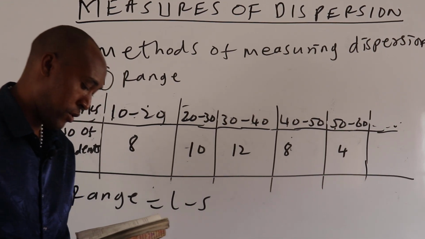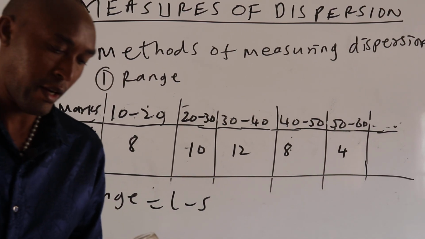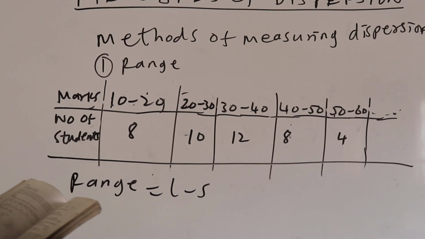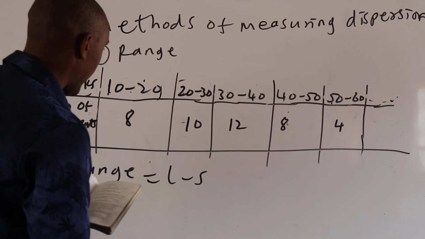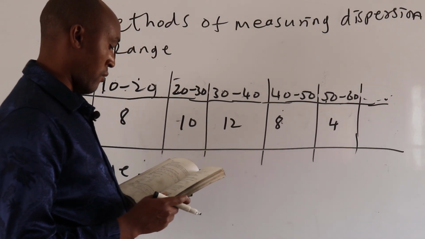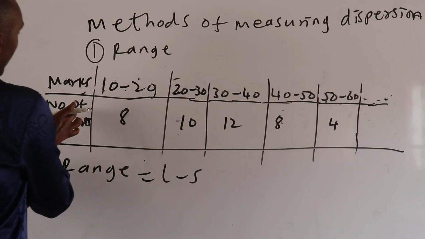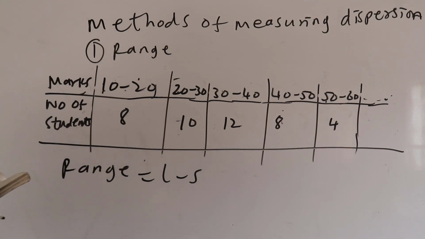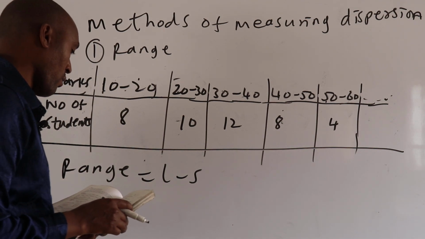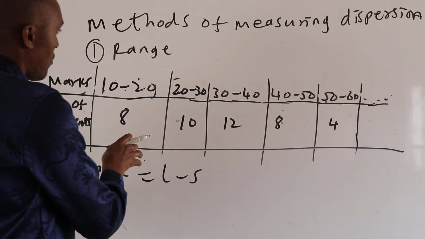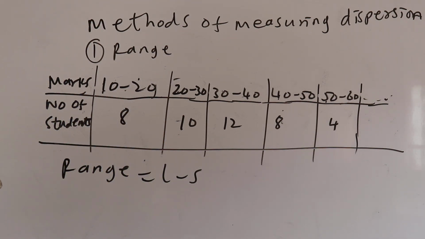So we want to ask ourselves which is the L and which is the S. From the information we have been given, we look at our data. The highest number of students who scored there is 10, so we get to know the difference between the two.